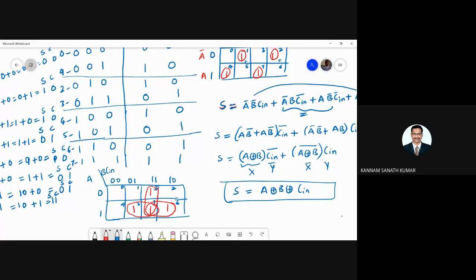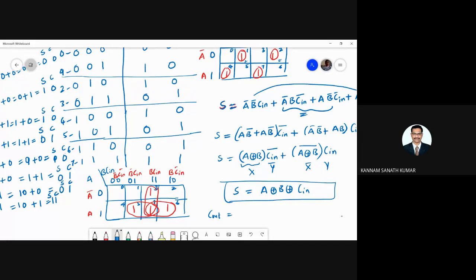Okay. So you can write this is A bar, and this is A, B bar C in bar, B bar C in, B C in, B C bar in. Okay. So what is carry? So this is the carry out expression.